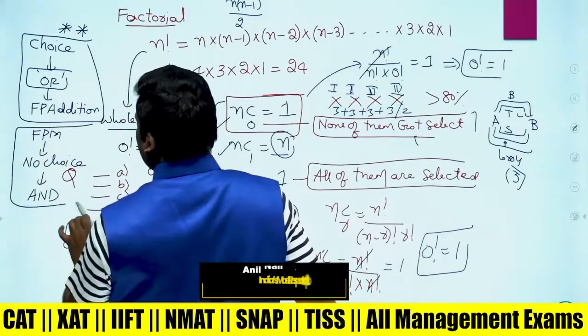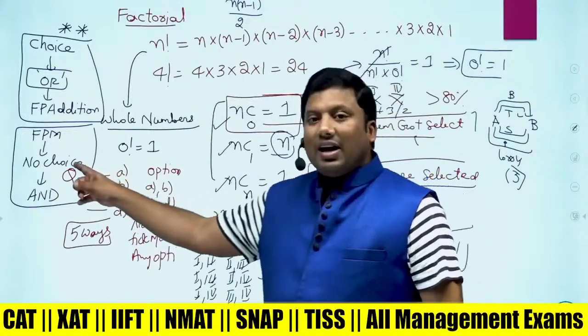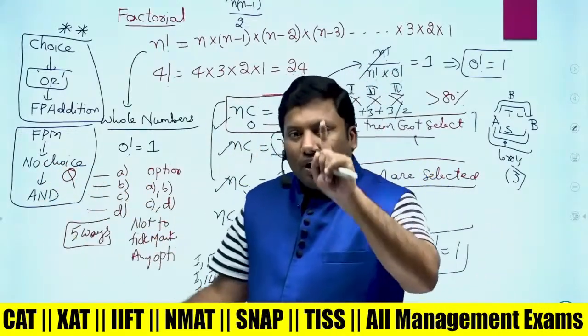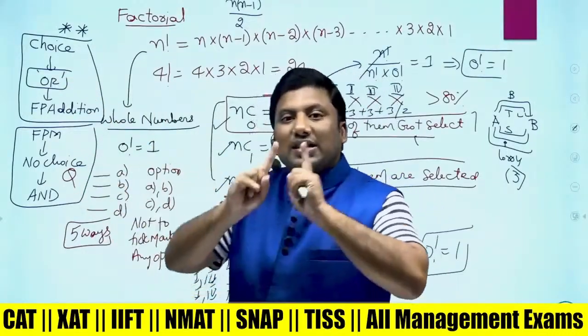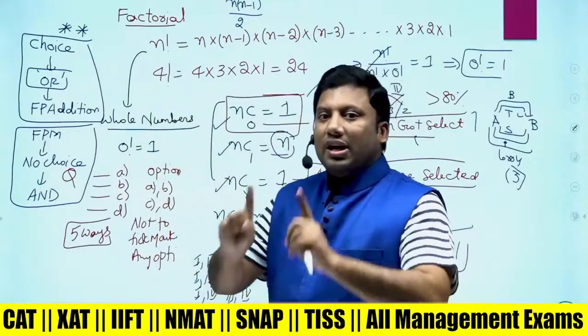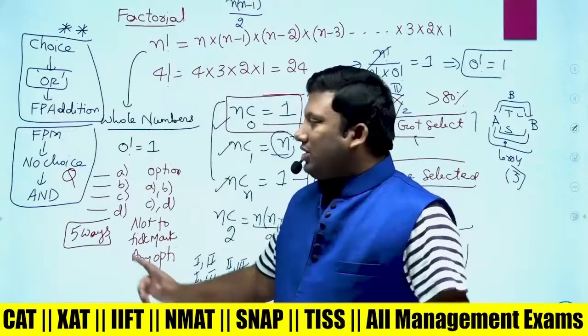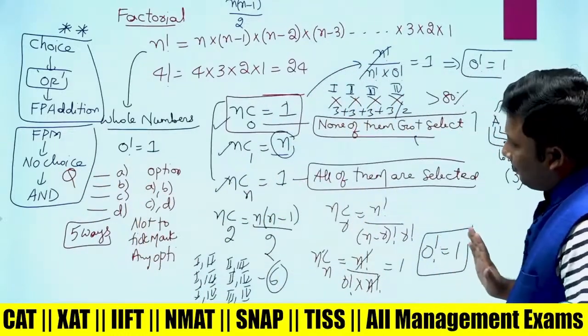Whenever there is no choice, I will use the fundamental principle of multiplication. Underline these important keywords. In permutation and combination, a good number of problems we are going to solve are based upon whether there is any choice in the question or no choice in the question. If there is a choice in the question, I will add it. If there is no choice in the question, I will multiply it. I hope this concept is clear.